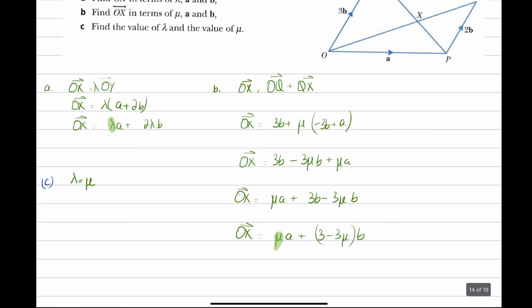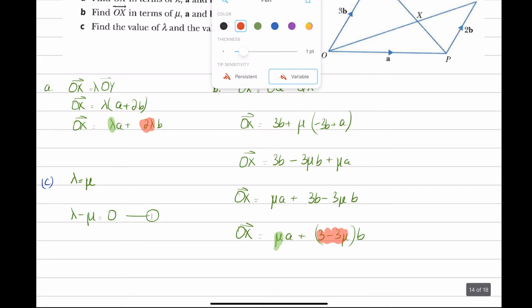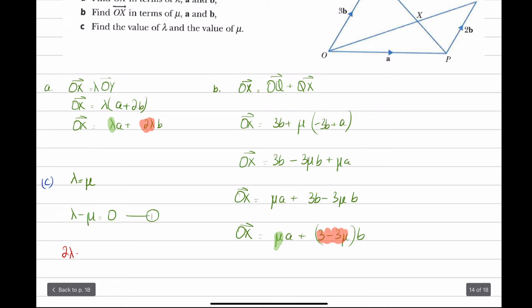Now we try and form the other equation. If you want, you can write this nicely so that it's easy for you to solve: lambda minus mu equals 0. So here's your first equation. Then we form the other equation, for which we pick the components of b. So the components of b are such that you have 2 lambda equals 3 minus 3 mu.